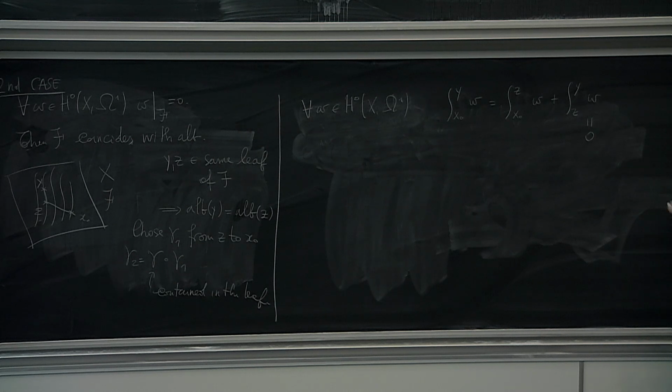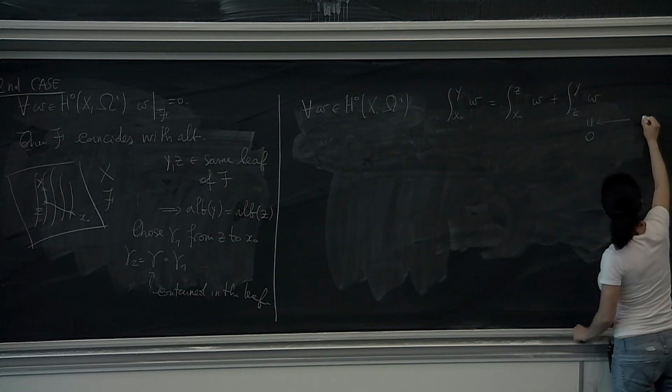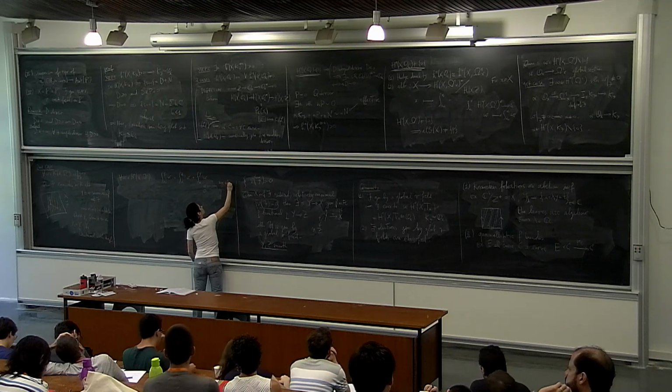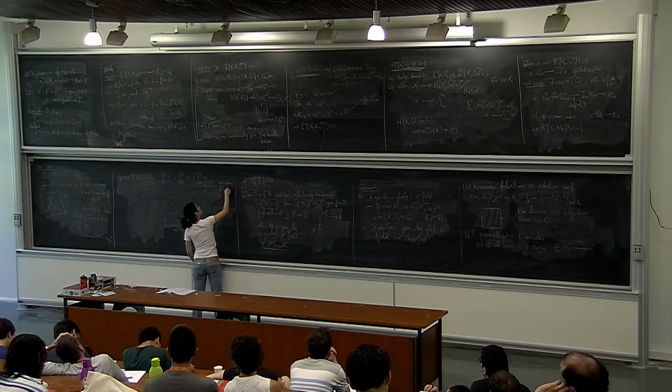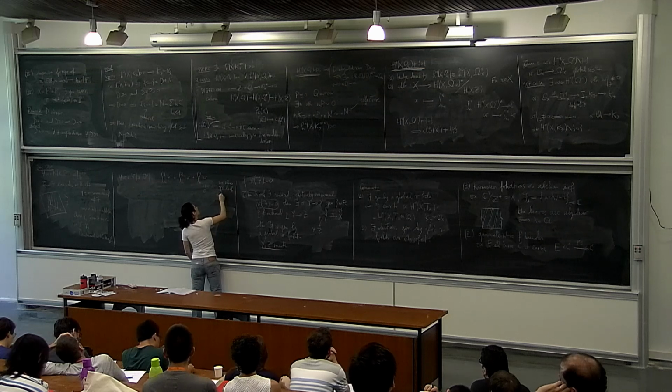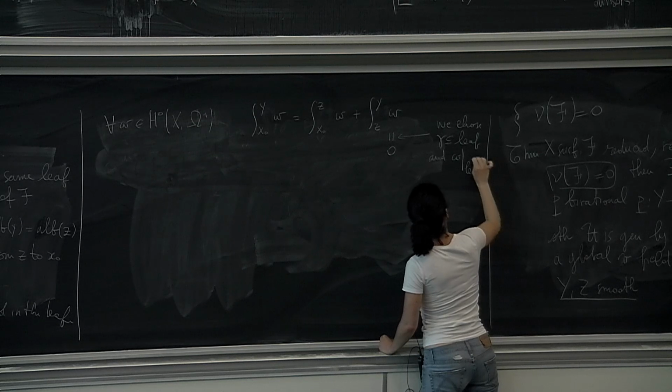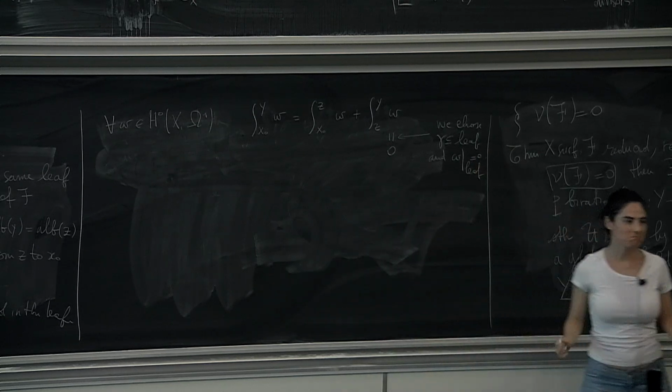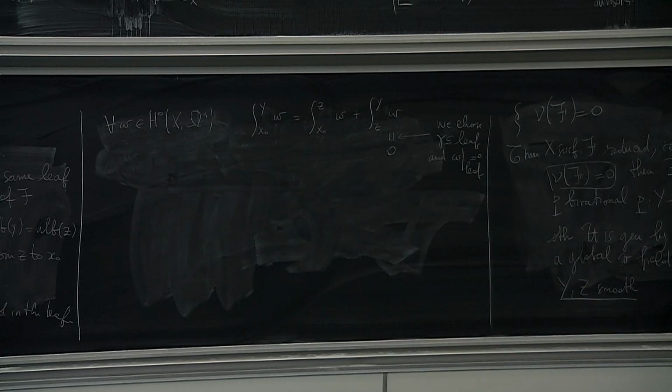So why is this 0? Because we chose gamma inside the leaf, and omega is 0 on the leaf. So they go to the same functional.